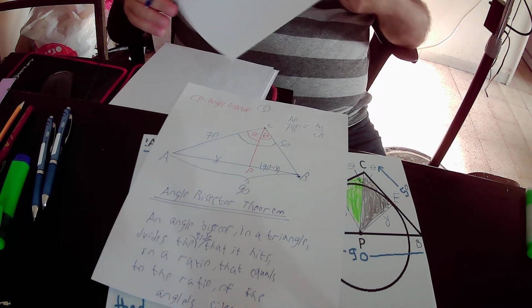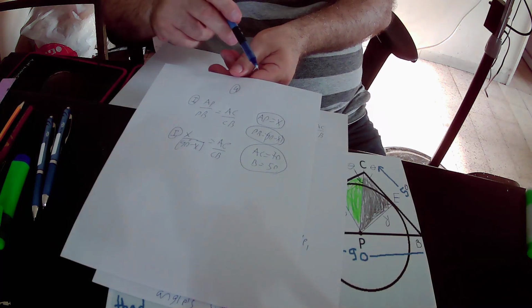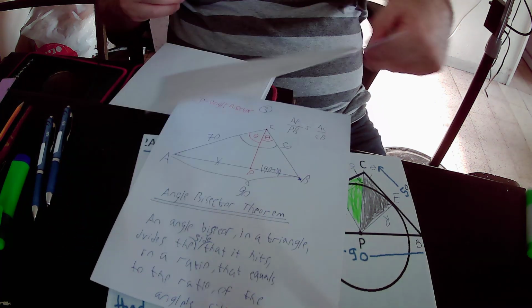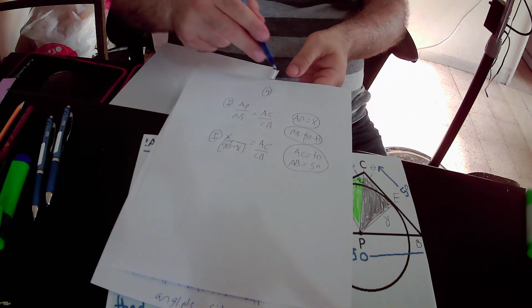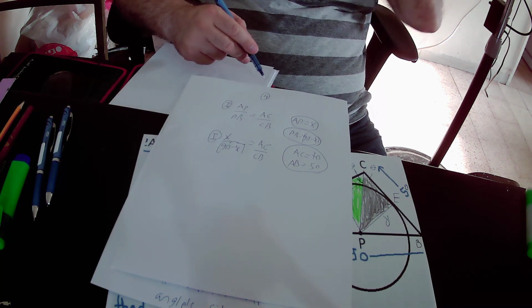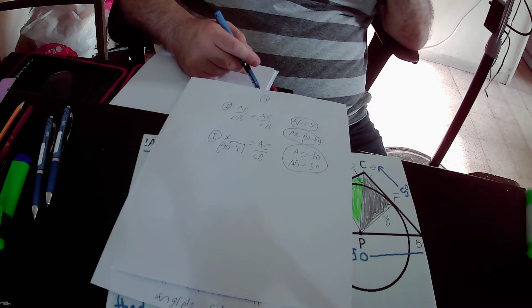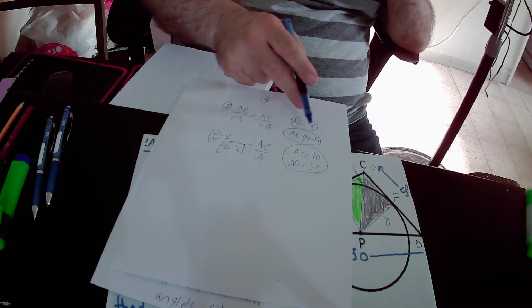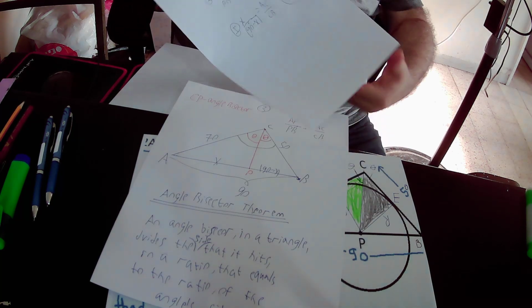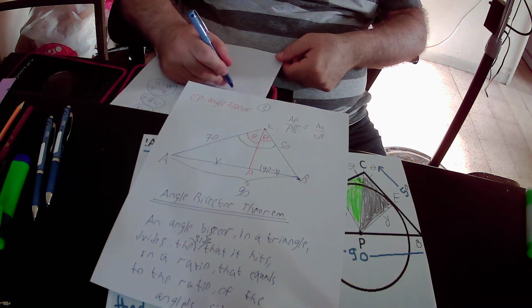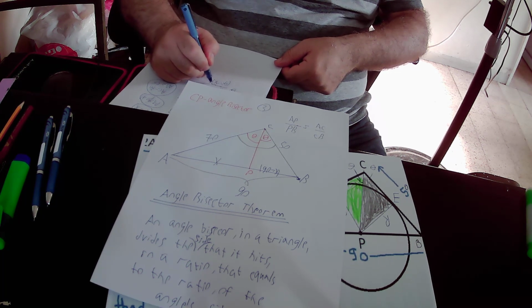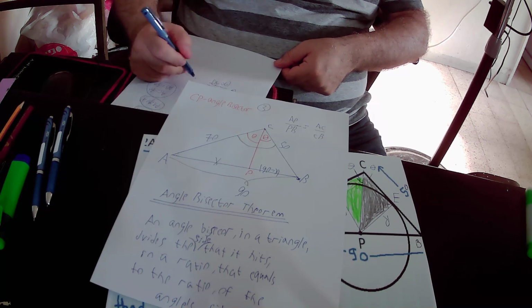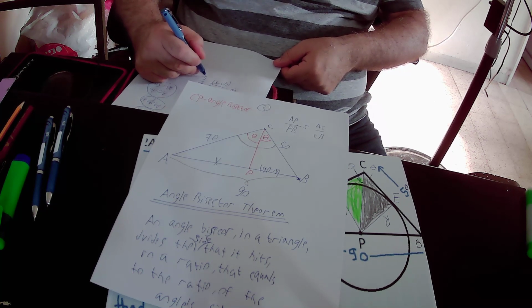AC equals 70 units and BC equals 50 units. It is given in the question, so we can substitute AC by 70 and CB by 50 in the first equation. So we'll get X over 90 minus X equals 70 over 50.